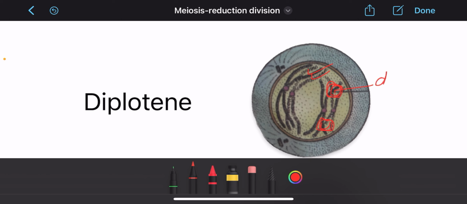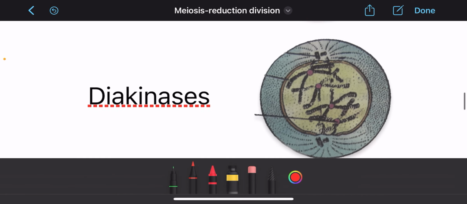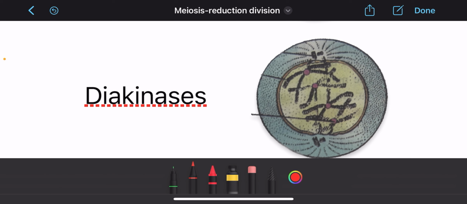This is known as chiasma. Now, after this, the cell enters into another stage known as diakinesis. Now, chiasma moves towards the end of the chromosome and leads to chiasma terminalization. Over here, you can see the chiasma terminalization taking place.